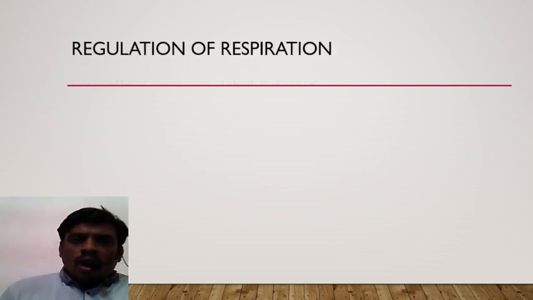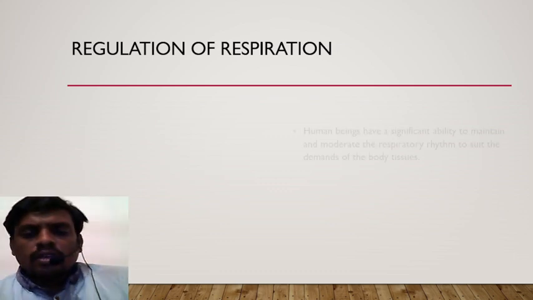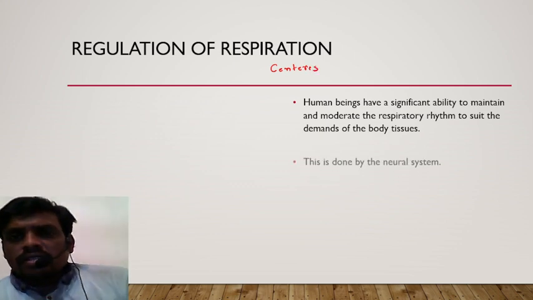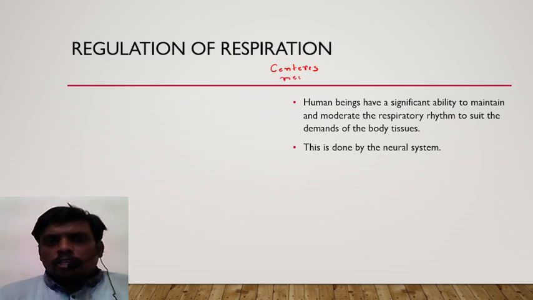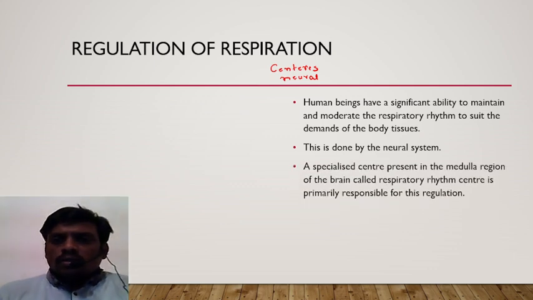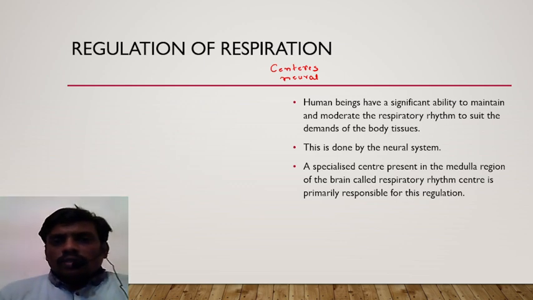Now, how are respiration and its movements regulated in our body? Respiratory movements are under the control of certain centers located in the brain. The brain contains a special neural system that controls specialized movements of respiration.